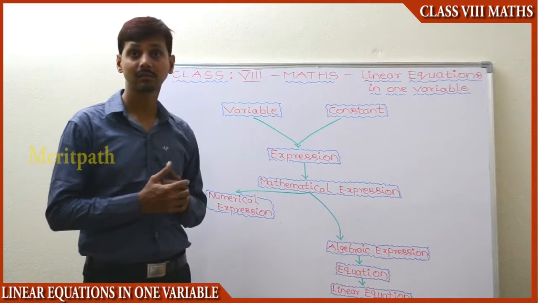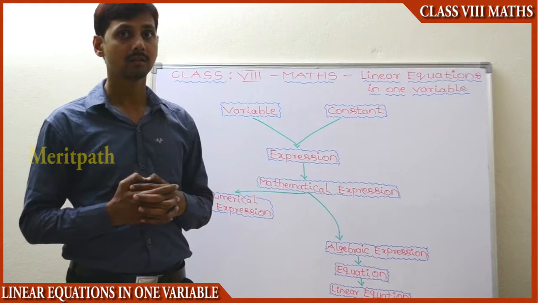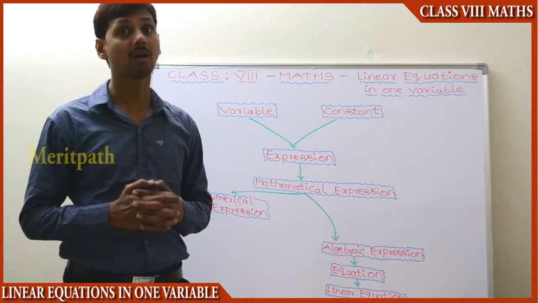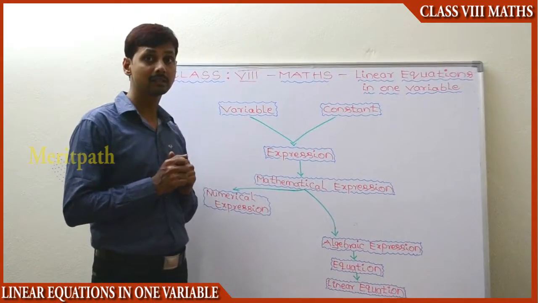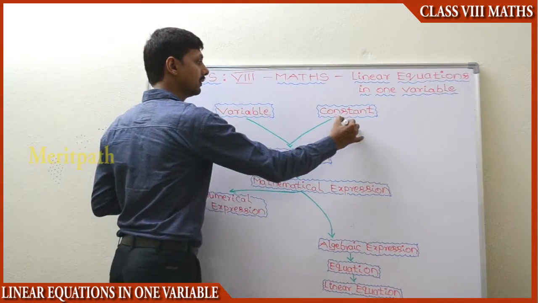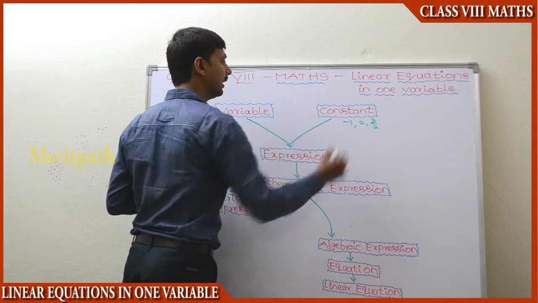So variables are nothing but alphabets. A, B, C, X, Y, Z are called alphabets. So variables and constants: minus 1, 2, 3 by 2 and so on.